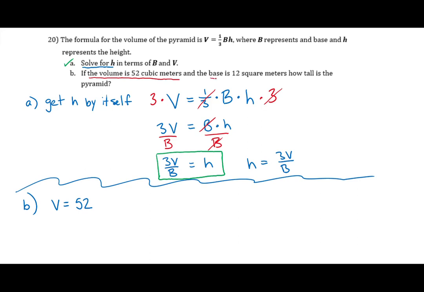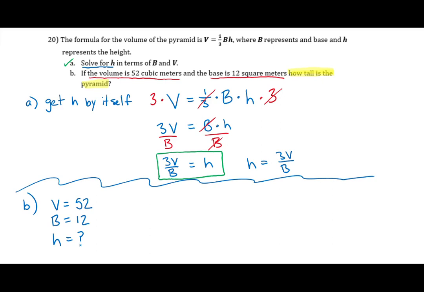And the base is 12 square meters. I'm going to leave the units off for now. The question is, how tall is the pyramid? So that's the unknown. We're looking for H.